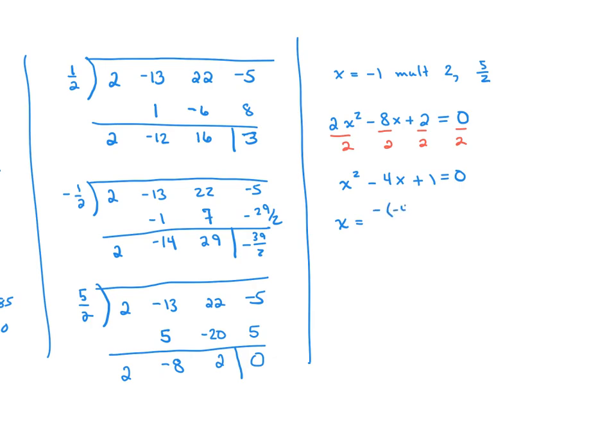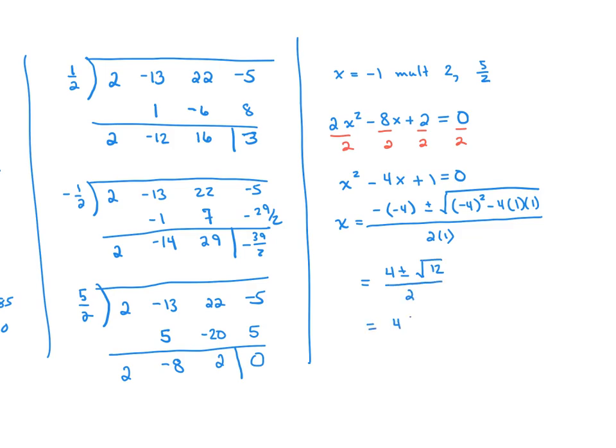Negative, negative 4 plus or minus the square root of the square of negative 4 minus 4 times a times c, all over 2a. So that gives us 4 plus or minus the square root of 12 over 2.